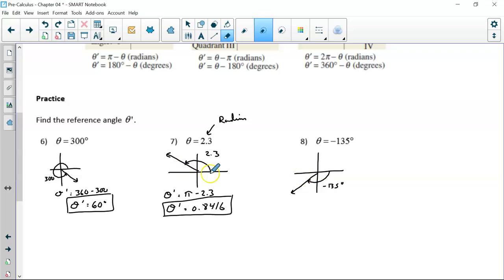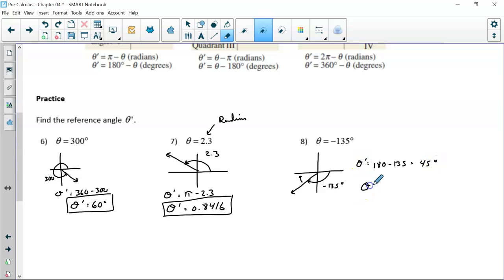I need to find my reference angle, and that's going to bring me back here. So what I can do is 180 minus 135. I know it's going to be positive anyway. I'm just going to take the bigger number and subtract the smaller number, and that's going to give me 45 degrees. So there's my theta prime.